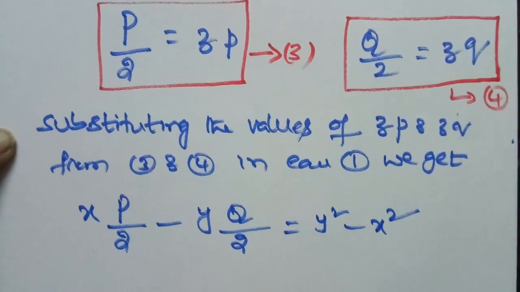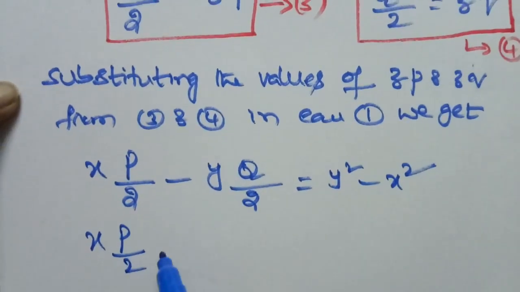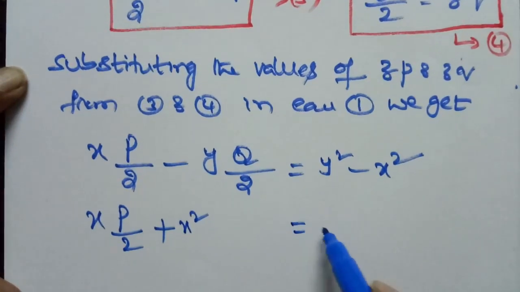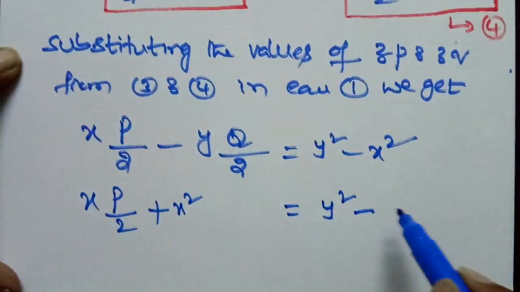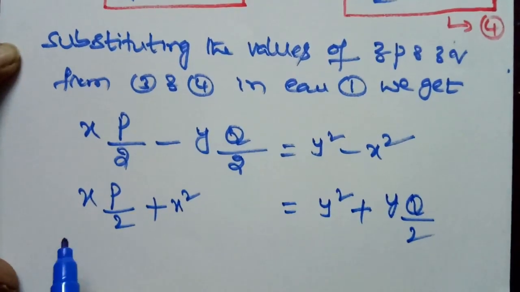Therefore, this can be written as x into capital P by 2 plus x square is equal to small y square plus y into capital Q by 2.